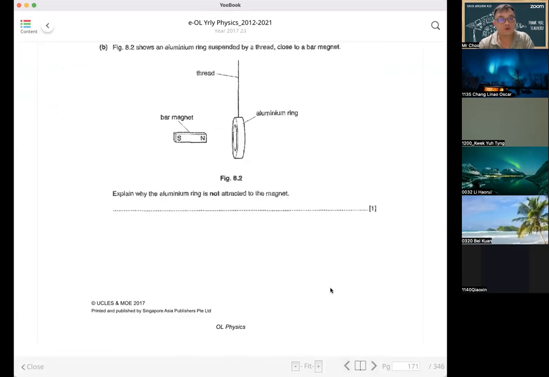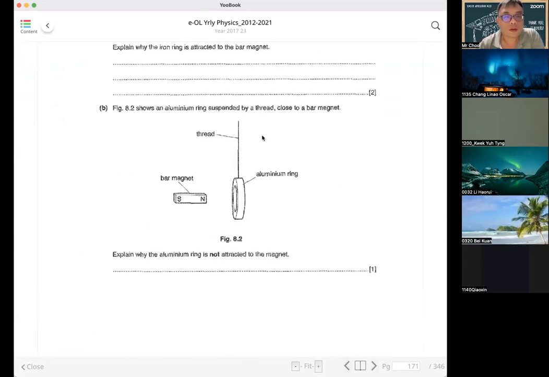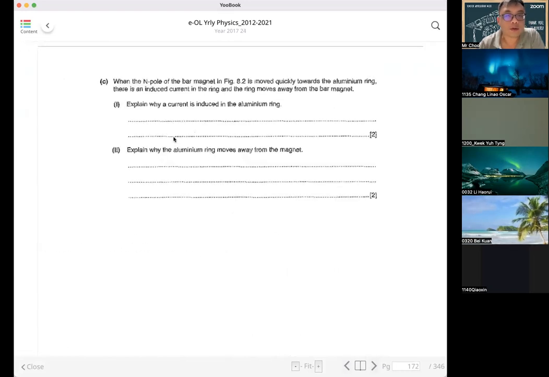I want you to remember this diagram: thread, aluminum ring, and bar magnet. Then we do these two questions. Let me just draw.